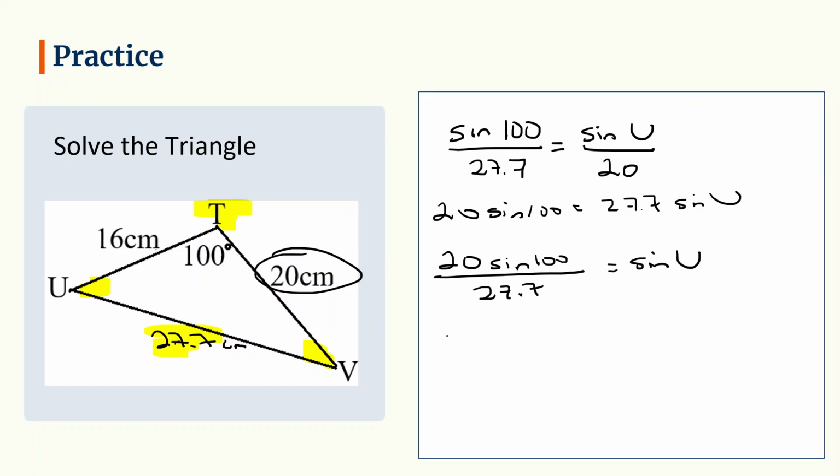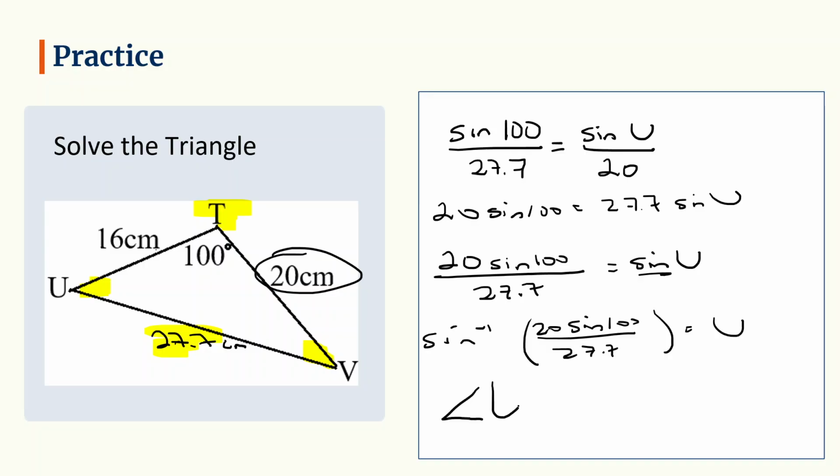And then do the inverse sine on that. So I'm removing the sine now, moving it to the other side, inversing it. And then I just have to type that into my calculator. And I get that angle U is 45 degrees.